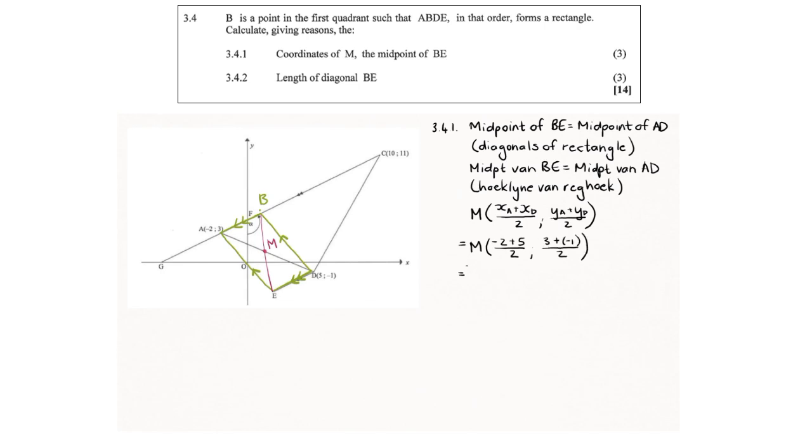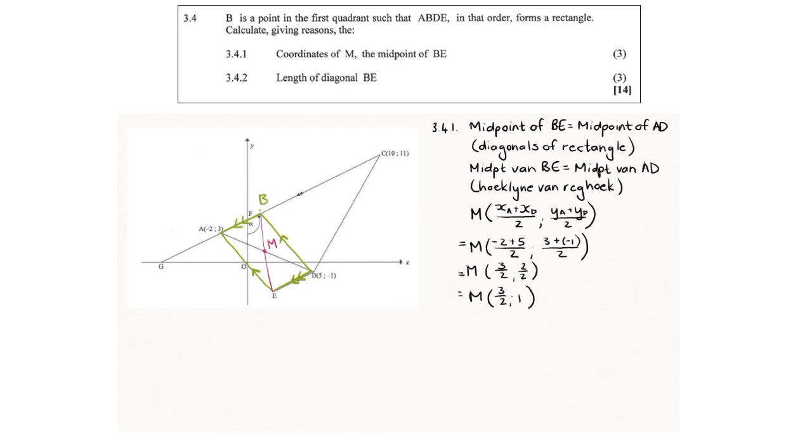And this simplifies to 3/2 and 1. So the midpoint of BE has coordinates (3/2; 1). For this question, you get 3 marks, 1 mark for the reason, 1 mark for the correct x-coordinate, and 1 mark for the correct y-coordinate.